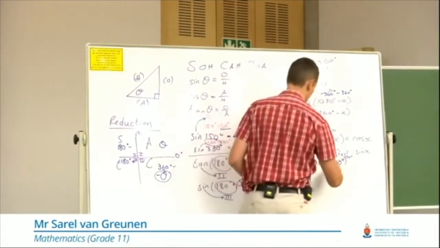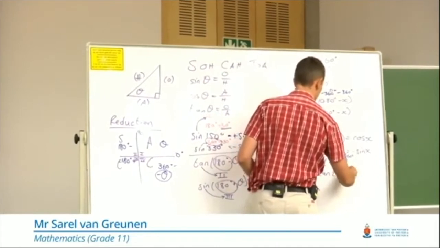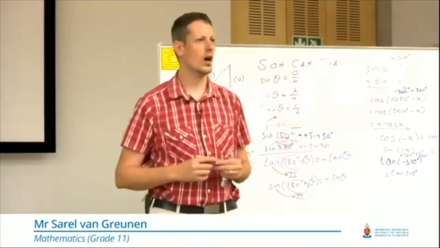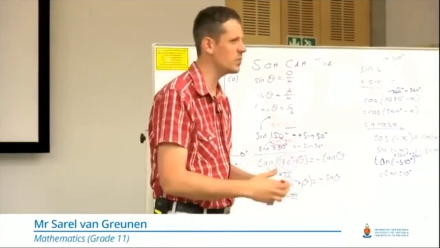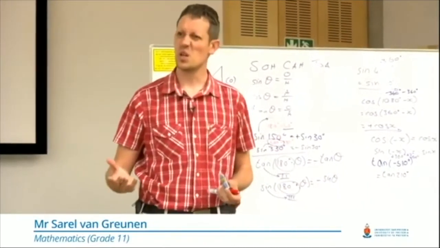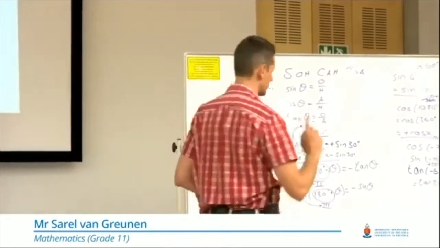And the angle you get is tan of 210. Oh, but that's so much simpler. It really is. Now I want to share something with you guys because you must look out for this one.